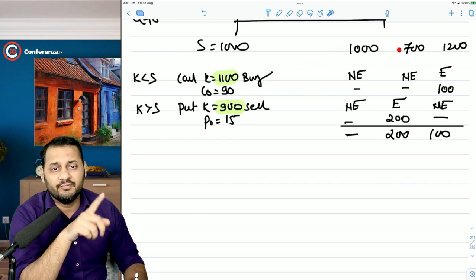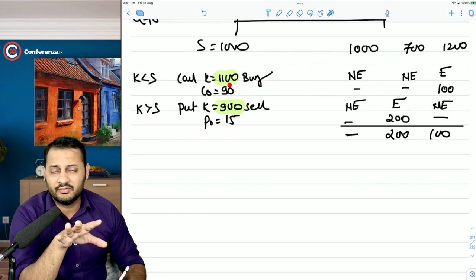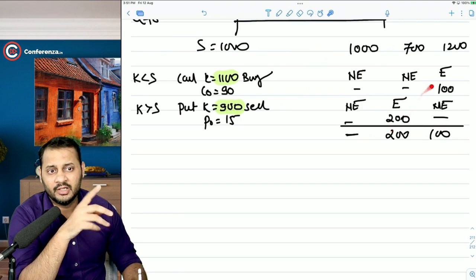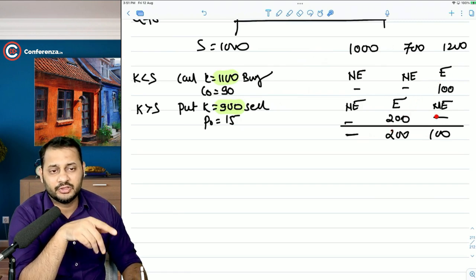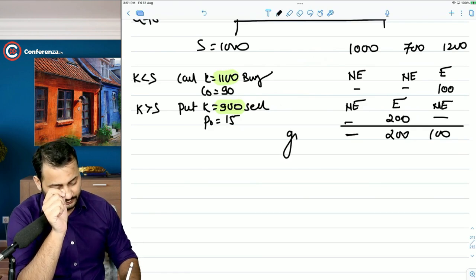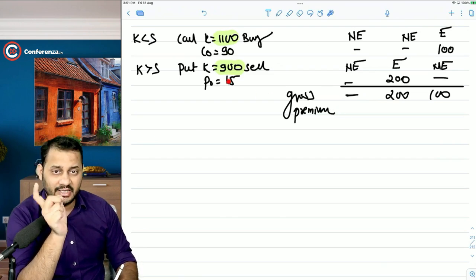If the market goes to 700, obviously we are not going to buy at 1100, but we will sell at 900 and grab the profit of 200. In this case, we will exercise the put option, not the call option. So in total, we will have this much gross payoff. From this, we can deduct the premium that we paid for both the options, which is nothing but 90 and 15.